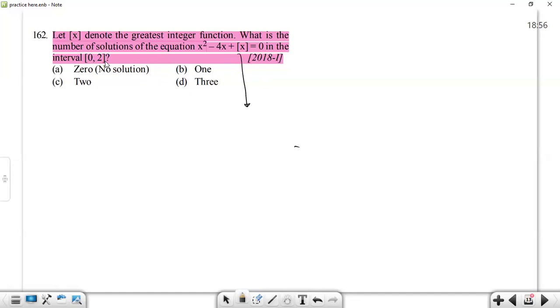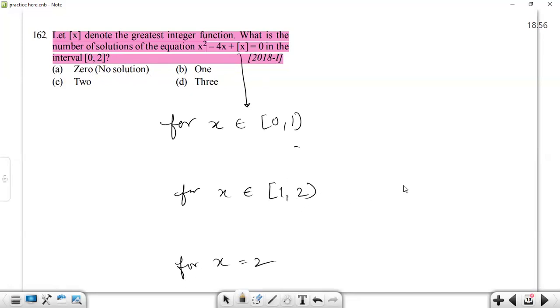For the given interval, we consider x lying in 0 to 1, x lying in 1 to 2, and x being 2. There can be these scenarios, these conditions.